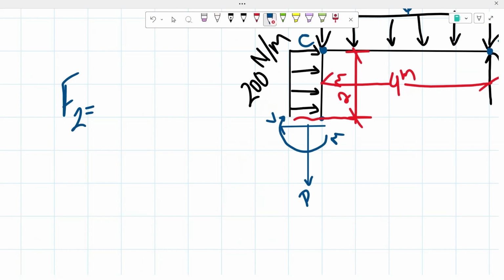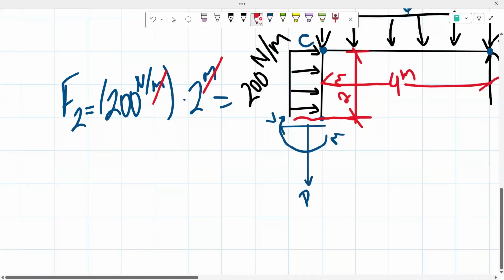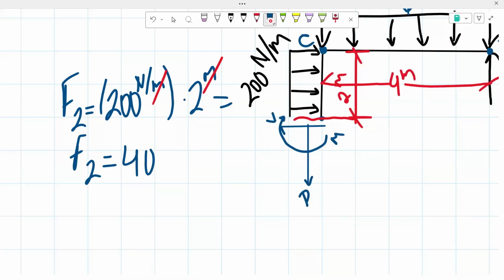Here we have the uniform loading of 200 newtons per meter, for 2 meters. So multiply that by 2 meters. Once again, our meters cancel out, giving us 400 newtons. I'm just going to erase this and add on our 400 newtons.